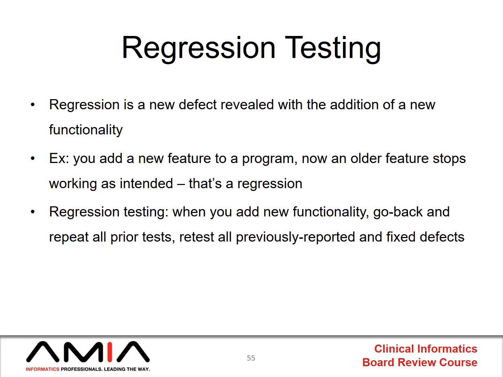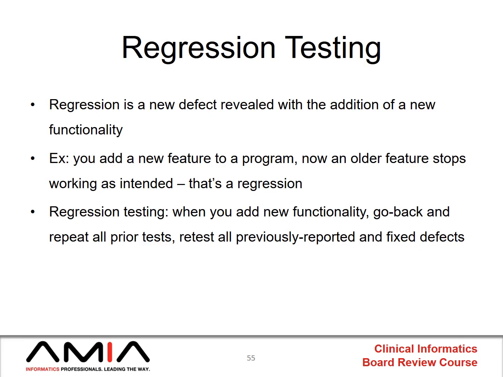And then there's some defects that you could have anticipated because they're changing things that you knew they were changing. And then there is a set of defects that are completely out of the blue. They are defects in areas that were not even touched by the upgrade as far as you could tell. That's called a regression. So a software regression is a new defect that's revealed with the addition of new functionality, often in an area that is unrelated to the new functionality.